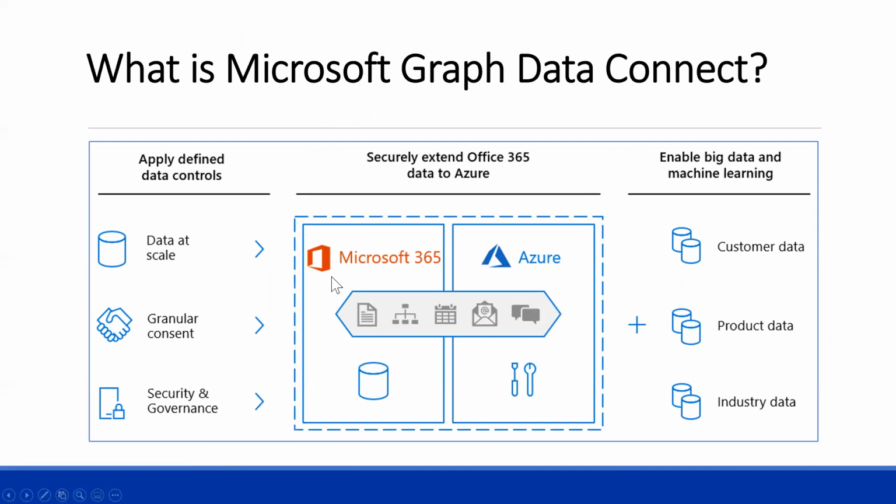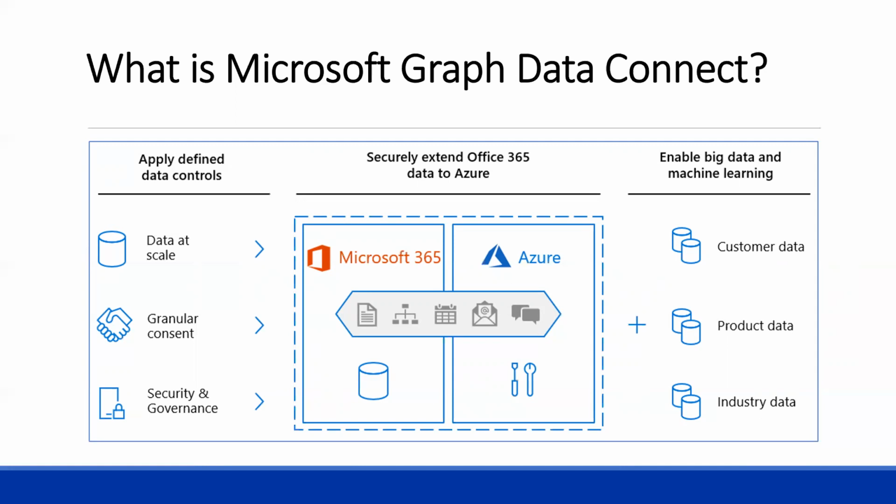So you can select the dataset, extract it and move it to a secure Azure store, where you can run an Azure pipeline, and then once the data is available, you can generate insights out of it.